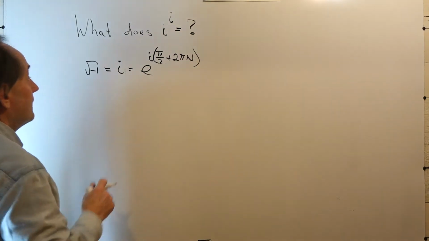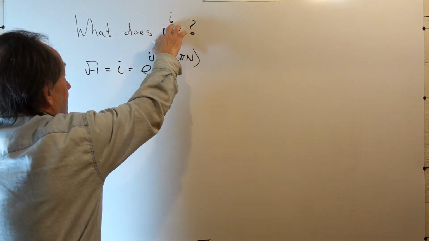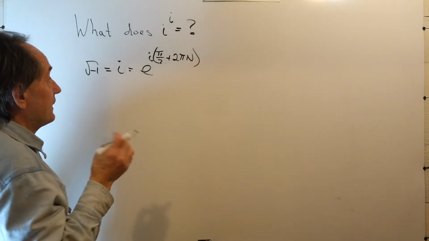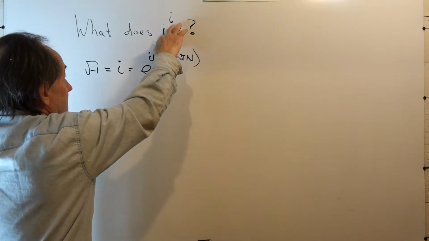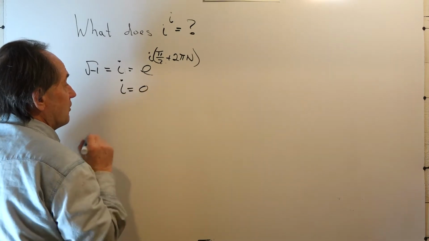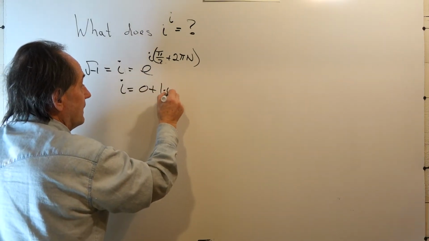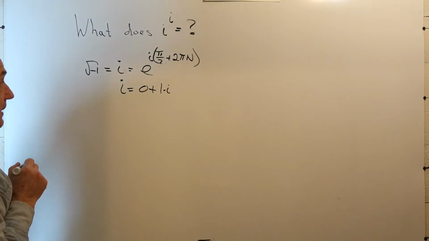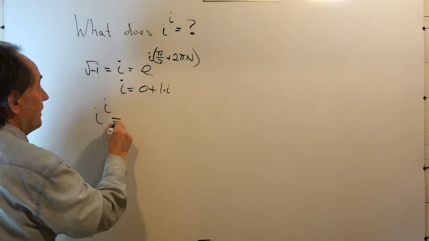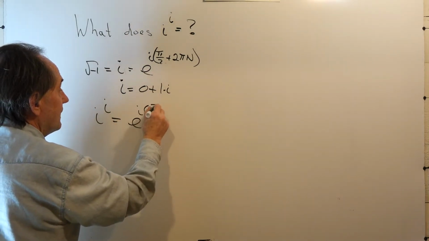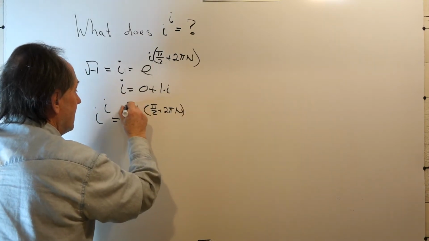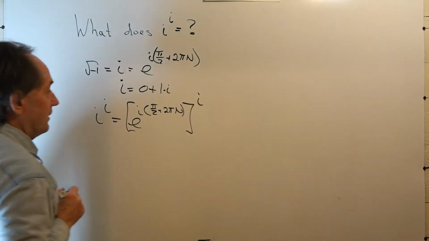Now, for the exponent i, we represent it in rectangular form, which is the form that it's in: i is 0 real part plus 1 imaginary part. So i raised to the i power is e to the i times pi over 2 plus 2 pi n, and then this is raised to the i power.